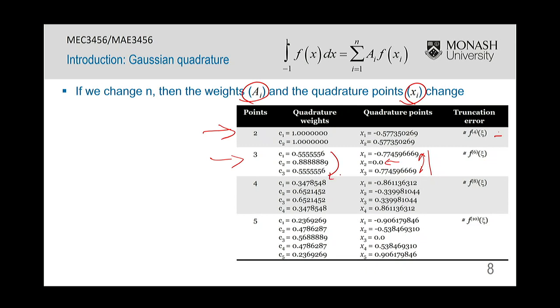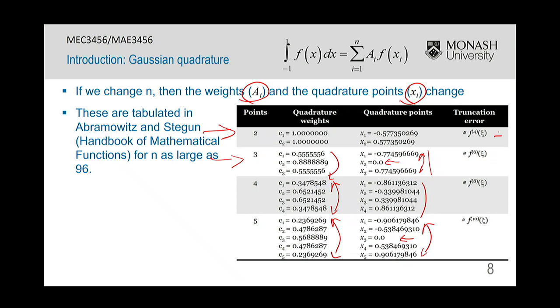The coefficients are also symmetric about the central coefficient, and we see that's a general behaviour. If there's an even number of points, we have pluses and minuses for the quadrature points, and exact symmetry in the quadrature weights. For an odd number of points, we always have 0, plus the other points are symmetric about the origin, and the weights are symmetric.